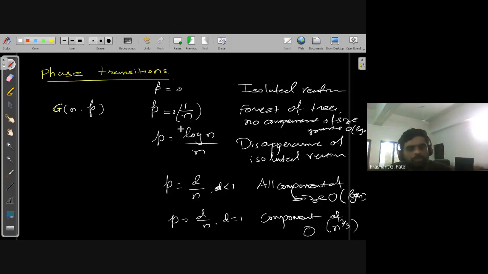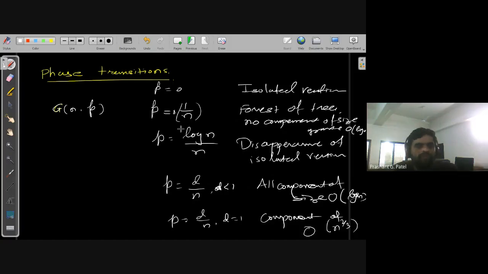And then you have to change to another phase. That property it will have, like I have given the example of water. Once water starts boiling, that is the transition to boiled water.